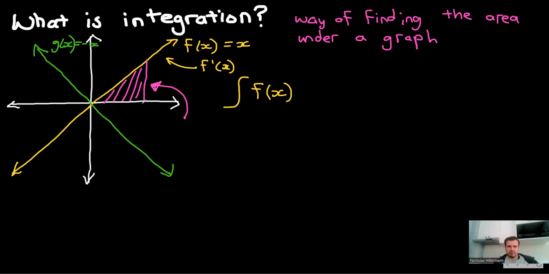I would then substitute in a value of x if I wanted to find the area, but we'll go on to that later. So what is integration? It is a way of finding the area under a graph, and it is the opposite of differentiation, which is finding the slope of a graph.